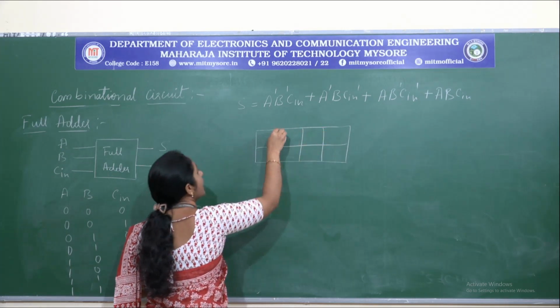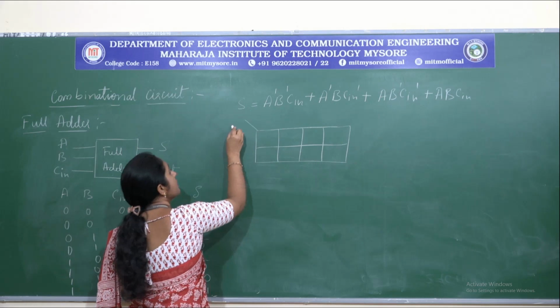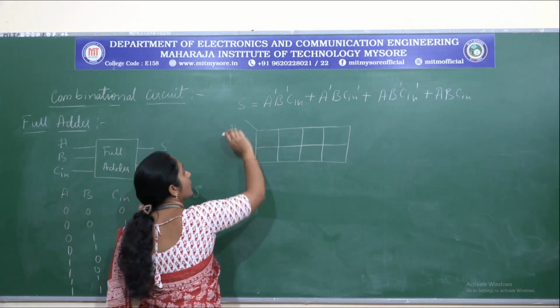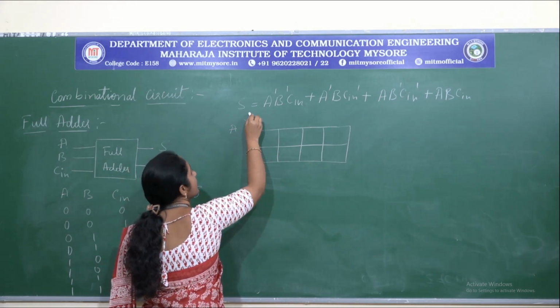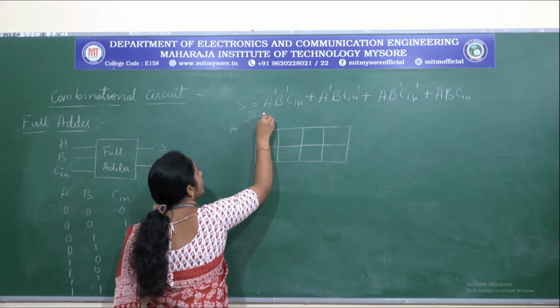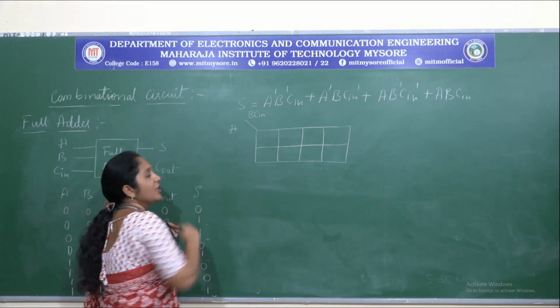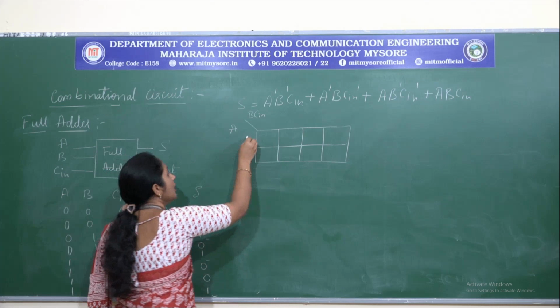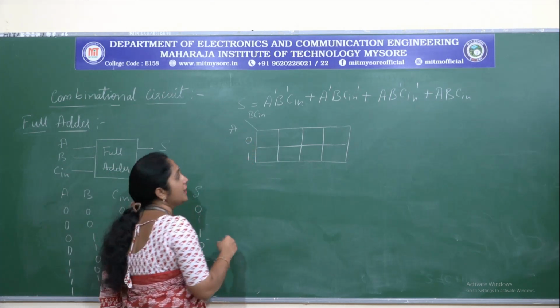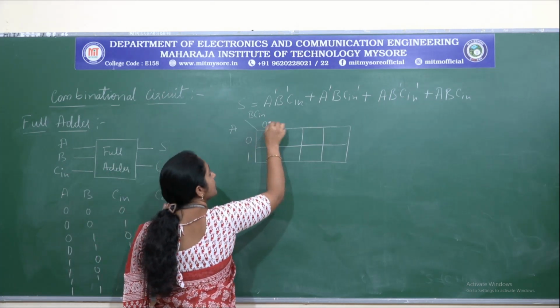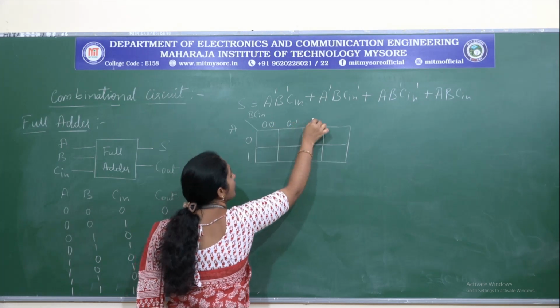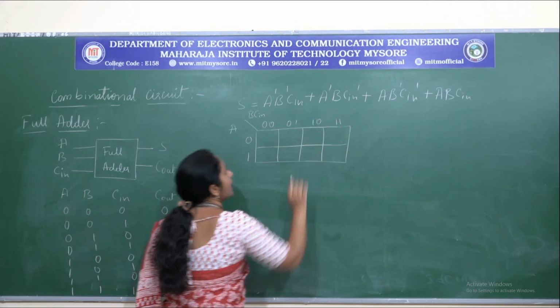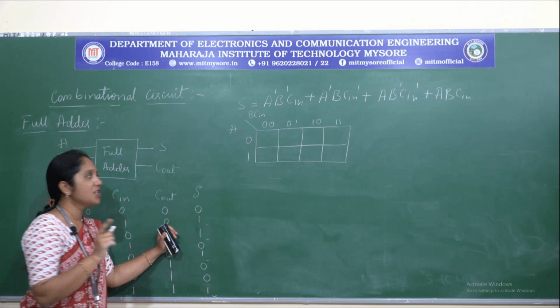It will have 8 cells, and the MSB is written here. I can write the LSB here. For one variable we can have either 0 or 1, so we write 0, 1 here. The 2 variable combinations are 0 0, 0 1, 1 0, 1 1, but we are going to change this order.